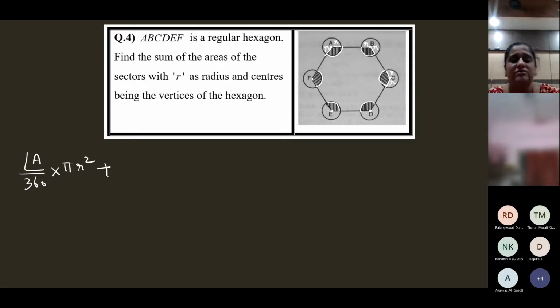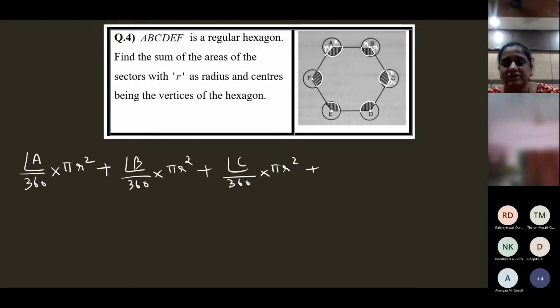The area of the second sector is the central angle B by 360 into pi r square. Angle C by 360 into pi r square. Then for this sector, this is the central angle, angle D. This is the sector angle or the central angle.